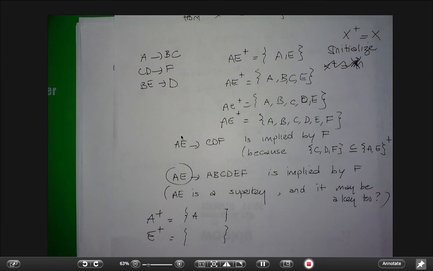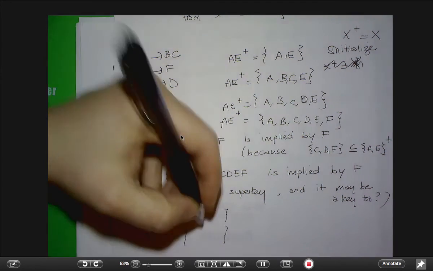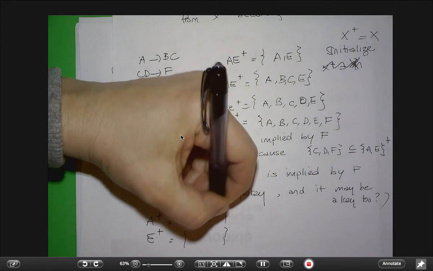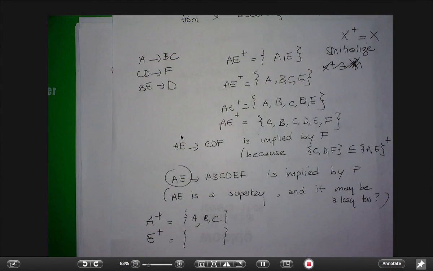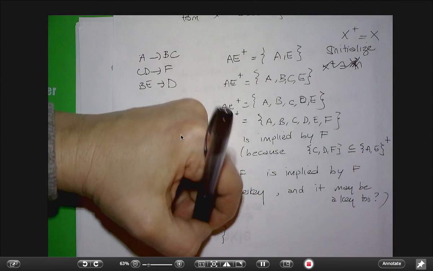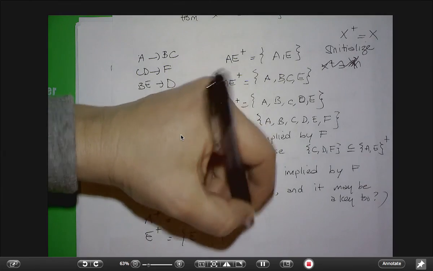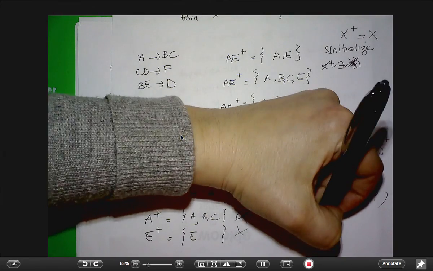Start with always putting in the attribute that you know. So I'm given A, I put A. Given A, I can find B and C. Anything else? No. Okay? So A is not a key. How about E? Given E, I can find E. And anything else? No. So this is good. These fail. So AE is in fact a key.